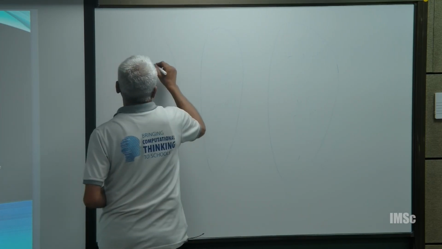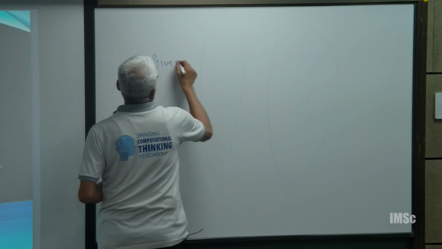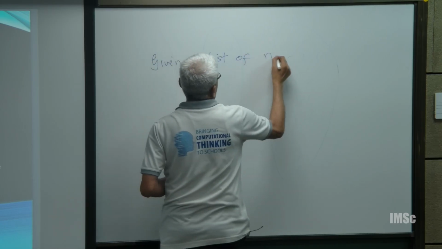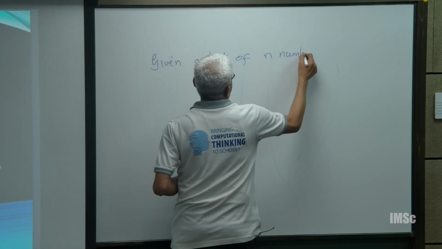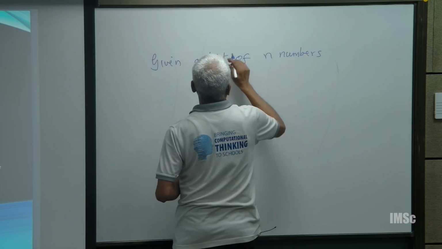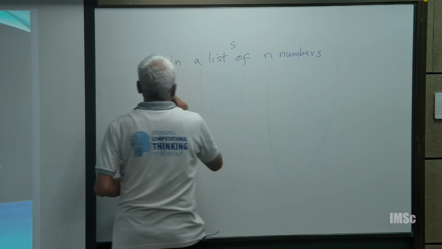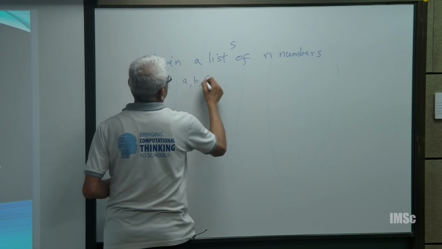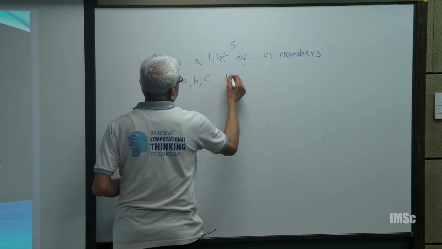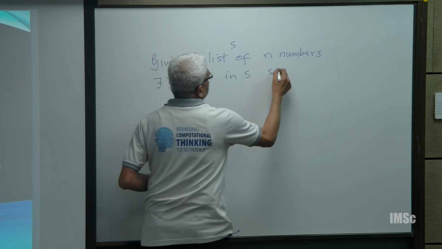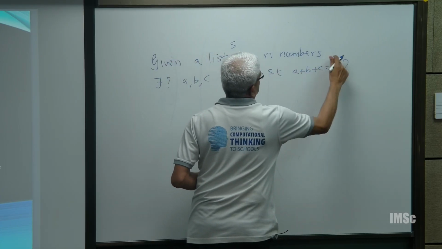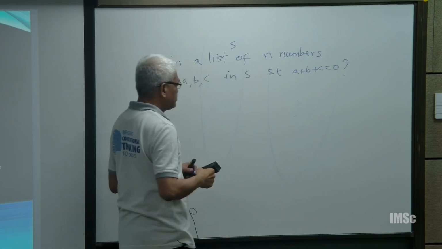So, given a list of numbers, a list S, does there exist a, b, c in S such that a plus b plus c equals 0?